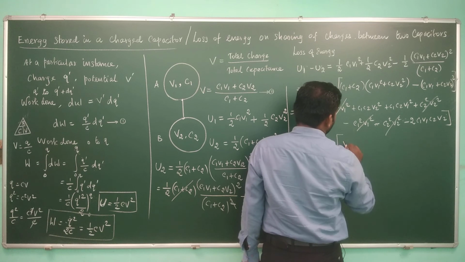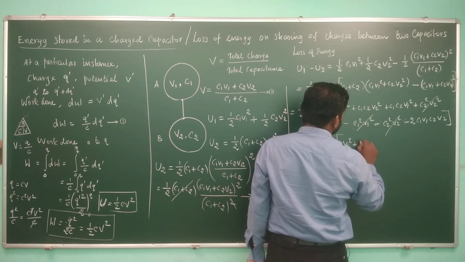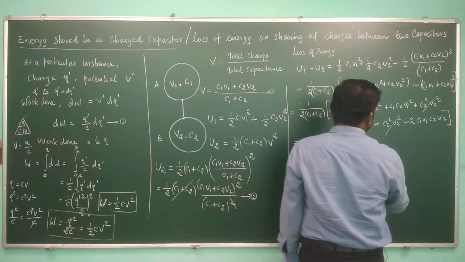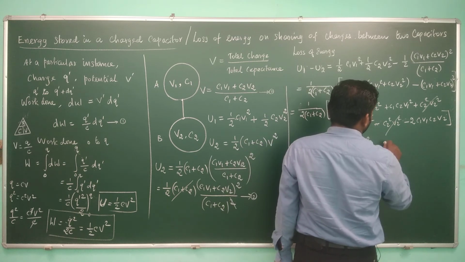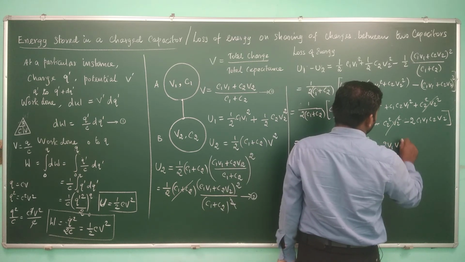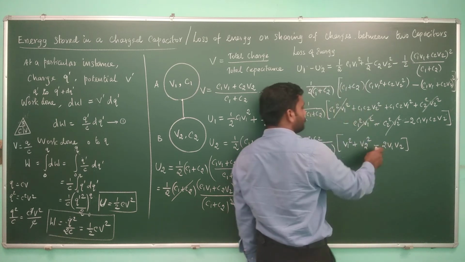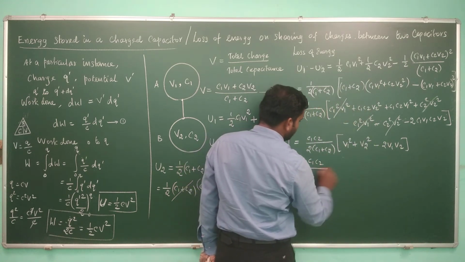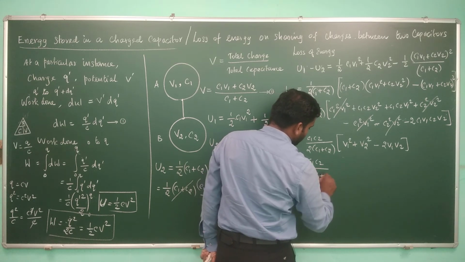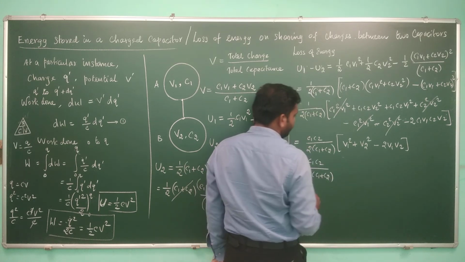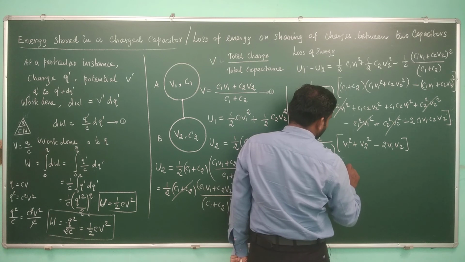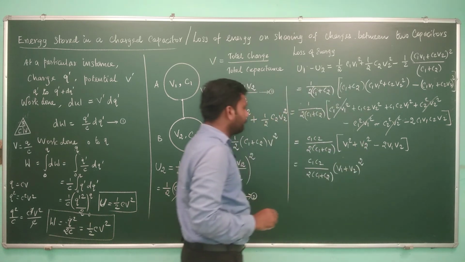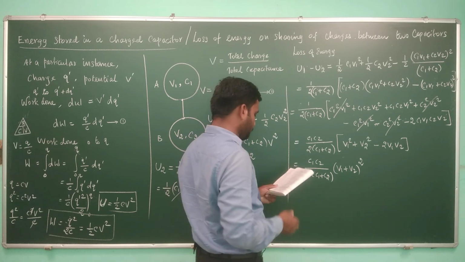We can write this one V1 square, then V2 square minus 2 V1 V2. Since a square plus b square minus 2ab is (a - b) square, this becomes C1 C2 by 2 times (C1 + C2) times (V1 - V2) square, right?